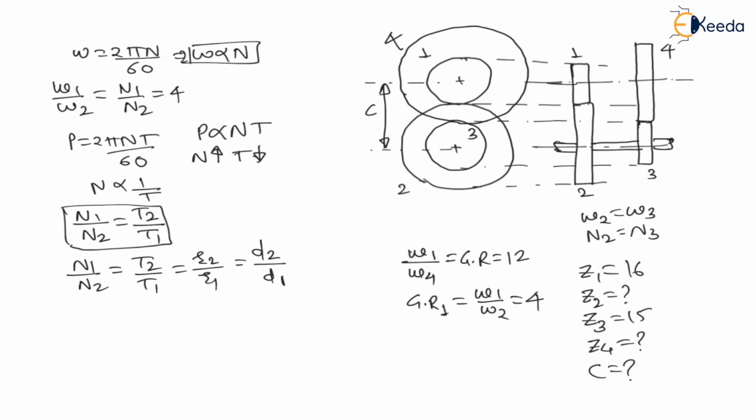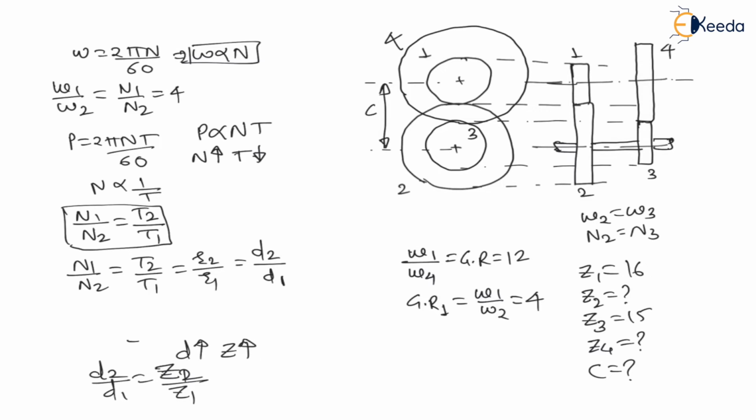And we have seen module is nothing but diameter divided by number of teeth. Therefore, diameter is equal to module into number of teeth. Therefore, as diameter increases, number of teeth also increases. Therefore, the diameter ratio D2 divided by D1 can be replaced by Z2 divided by Z1, that is the number of teeth ratio.